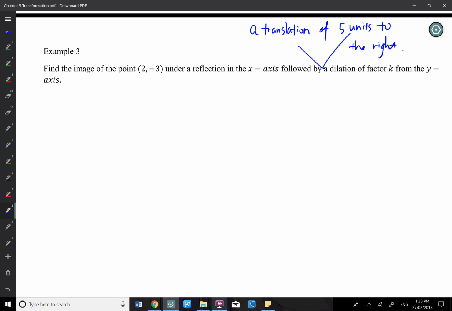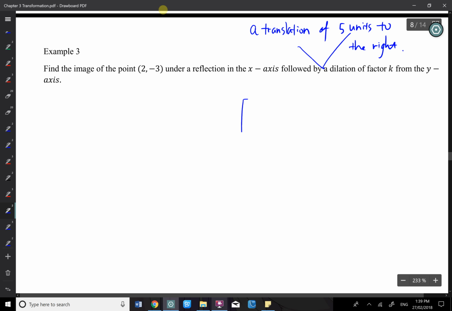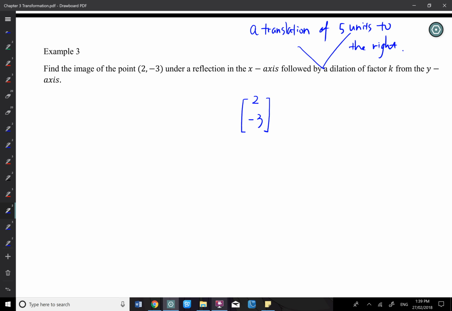Just remember Tx equals x dash. So I'm trying to find a new point. I'm going to find the transformation matrix and then multiply with the old point. My old point is 2, -3. Let's think about what's happening first.